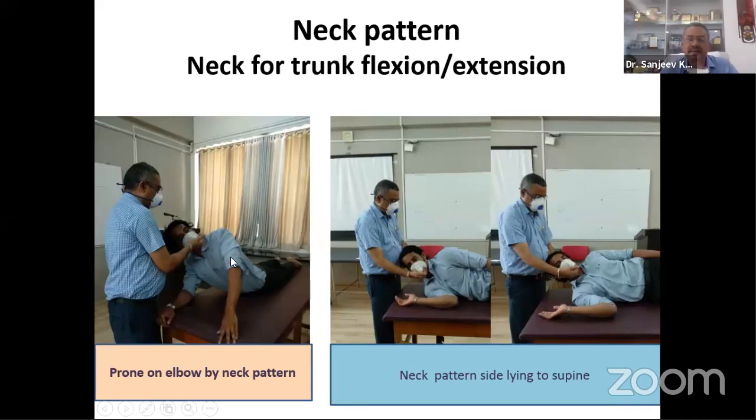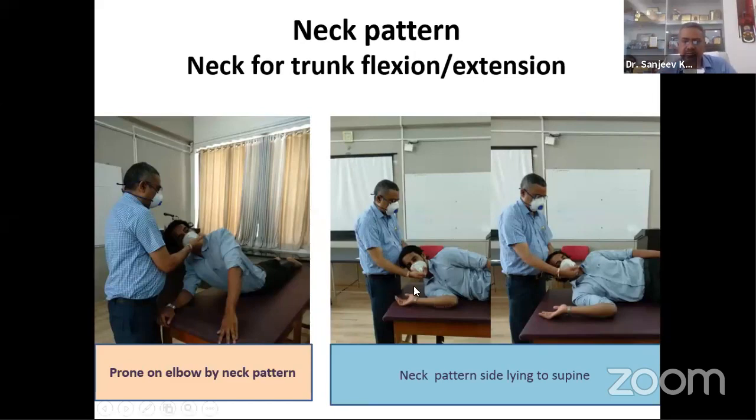So this is a neck pattern on trunk, or pure neck pattern, in prone on elbow. What is achieved? The patient can turn from the upper part. If you resist adequately, the patient will turn the whole body to one side. So this is what we achieve by this particular pattern. What is activated? Neck muscles, upper trunk muscles, movement here, and strengthening here. You have to see critically what exactly you can achieve from here.